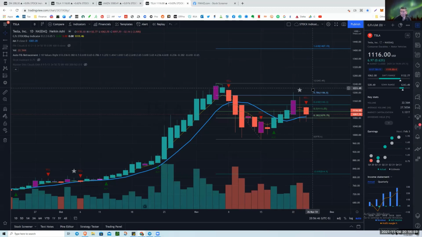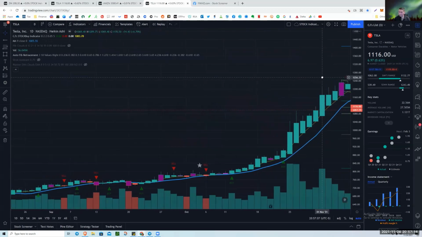Okay, if the price all of a sudden jumped on a daily and it jumped from 1116 all the way to $1,400, okay, that's a huge jump. The moment I see any sign of weakness, the moment I see a doji, the moment I see this formation, see this thing before the sell sign?